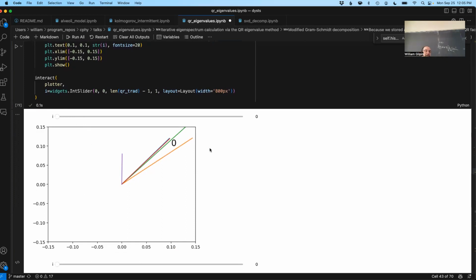Here I have a 10 by 10 matrix, but I can only view vectors in 2D on my computer. So this is going to be the columns of some matrix that I'm trying to orthogonalize. In the traditional Gram-Schmidt algorithm, as I run it, the vectors don't always change. The reason is I have to actually get to one of the vectors before I subtract it from all the others.